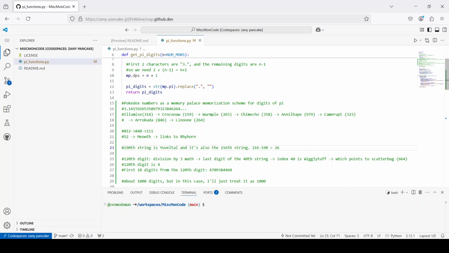That's a funny thing to note, a pattern that just arbitrarily arose. This is something to remember: if I don't remember what the 216th string is, I can remember that Uvolto is the 190 plus 26 string, so it's also the 216th.